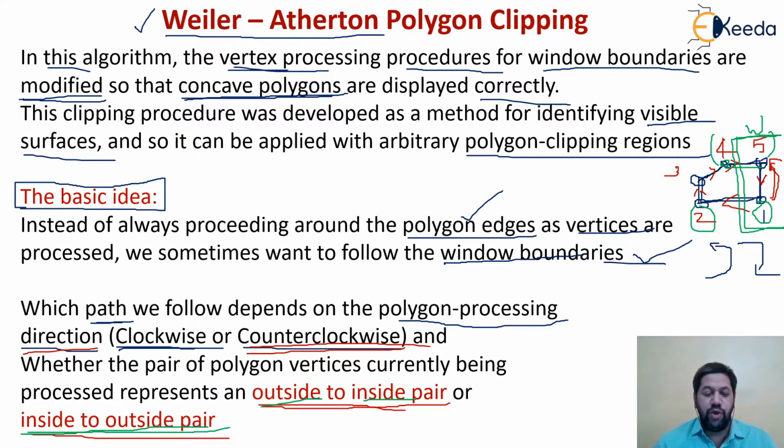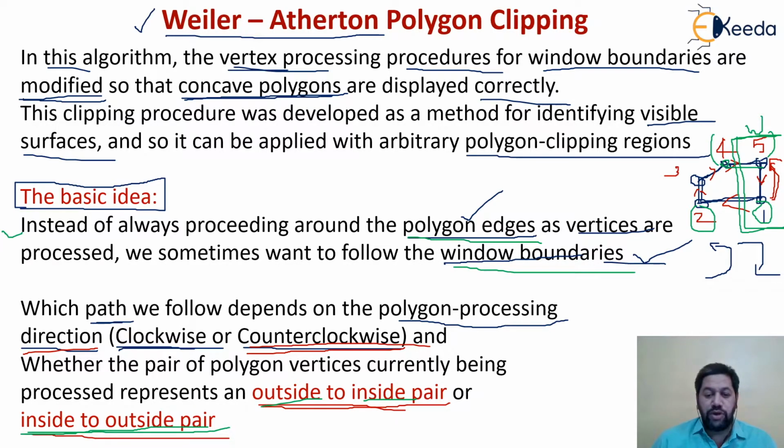So all of you understood which terms are considered in the Weiler-Atherton polygon clipping algorithm. First, instead of always using only the polygon boundaries, we are also going to consider the window boundaries.